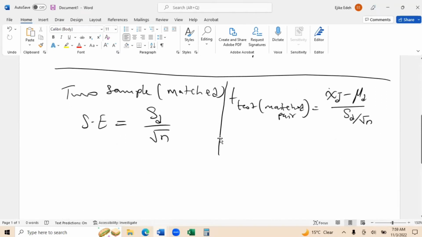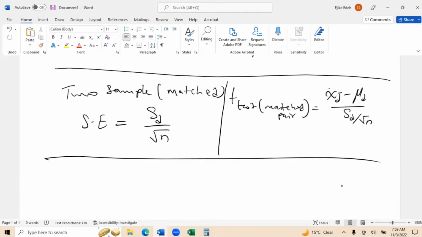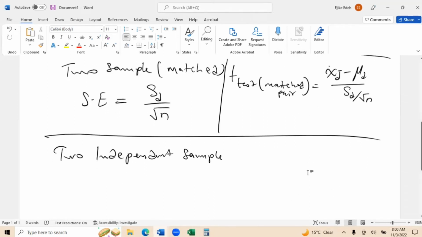Okay, so let's do it for 2 independent samples. Or we can say 2 samples that are independent. I think you understand what we mean.